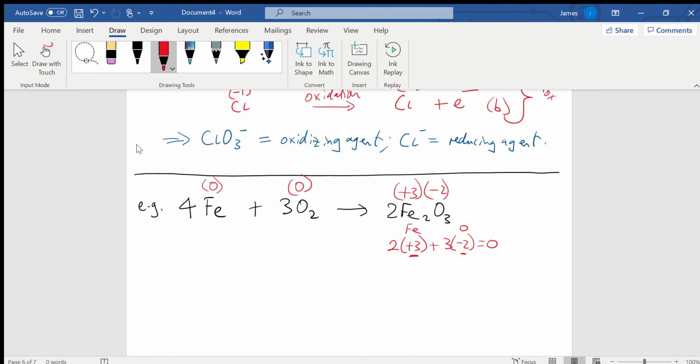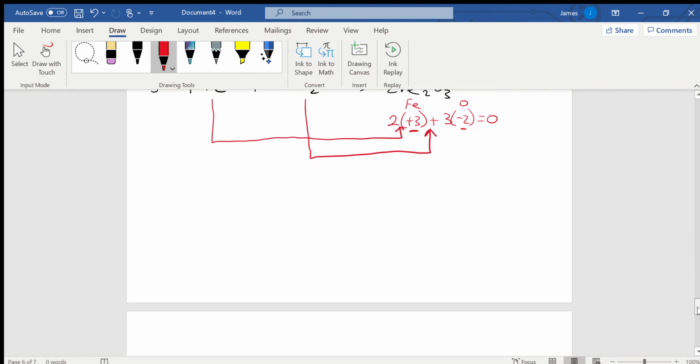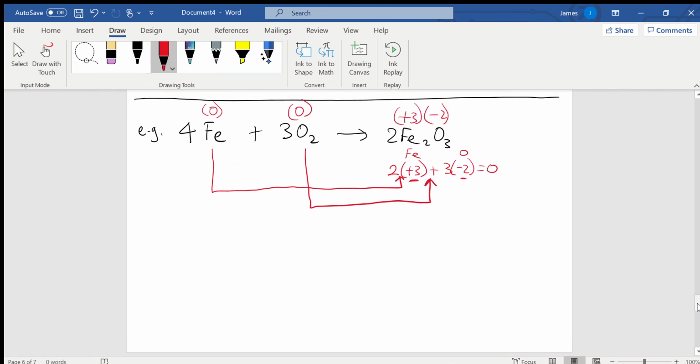Let's write half equations. So clearly the iron is going into the product, but also the oxygen is going into the product too. So it doesn't matter if you don't have the same number of reactants and products.